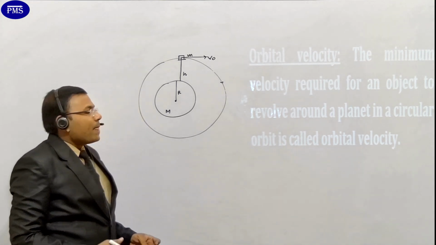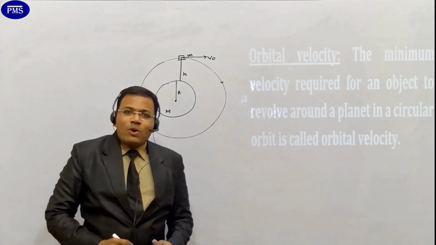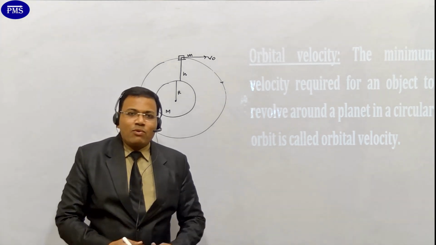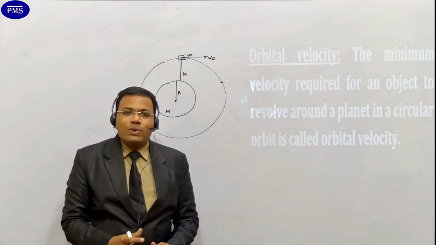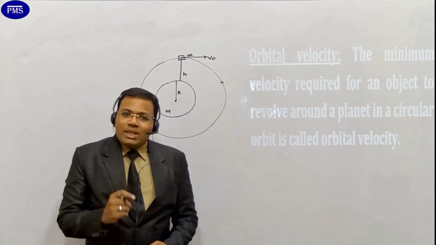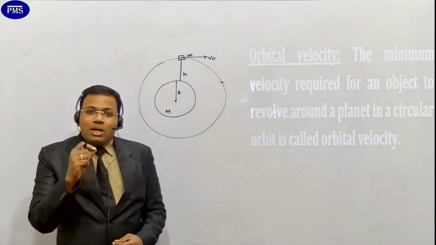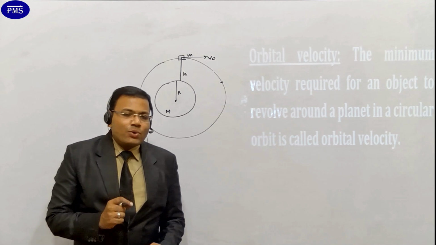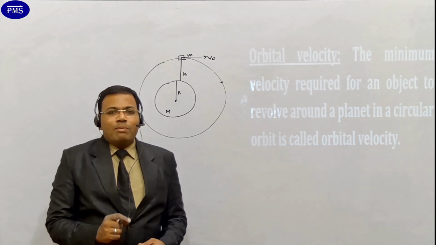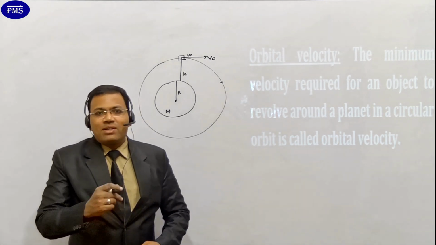Now students, you know the electron revolves around the nucleus. The best example you can give here: the electron revolves around the nucleus. In this, the electrostatic force between the electron and the nucleus provides the centripetal force.